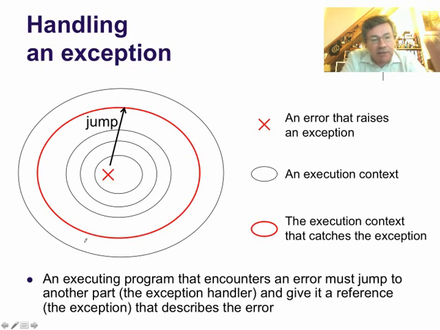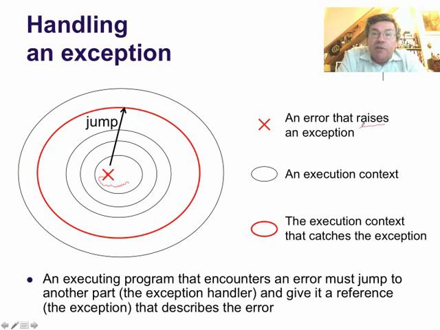So it sort of works like this. Here, the ovals are execution contexts. There are nested ones. The red oval is one where there's an exception handler, and the little X is where there's an error. The program is executing here somewhere, and at some point there's an error. When there's an error, we make an operation called raising an exception.